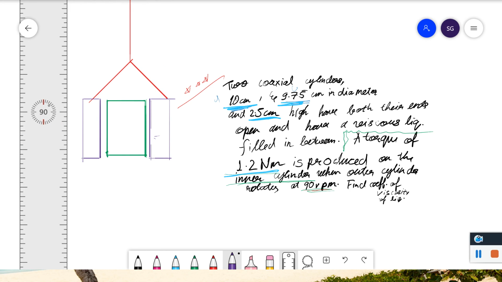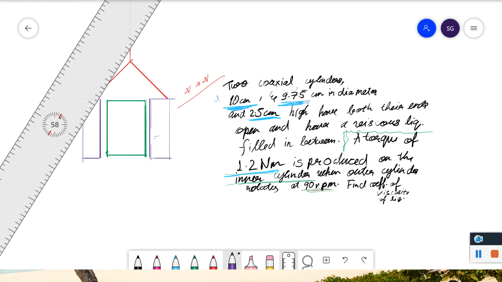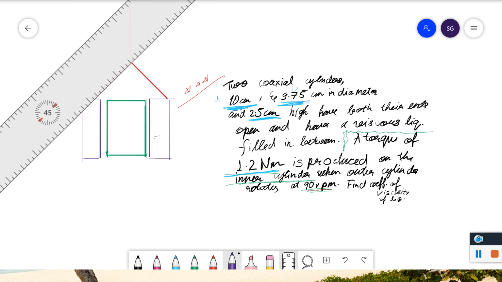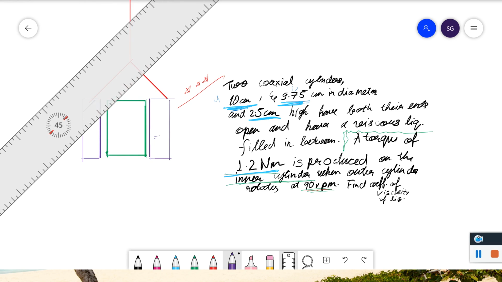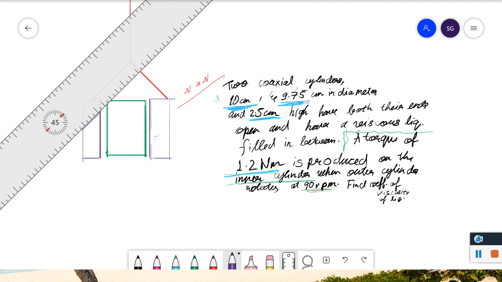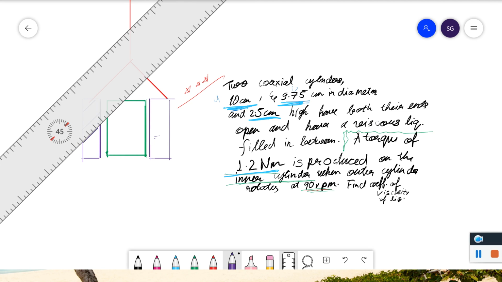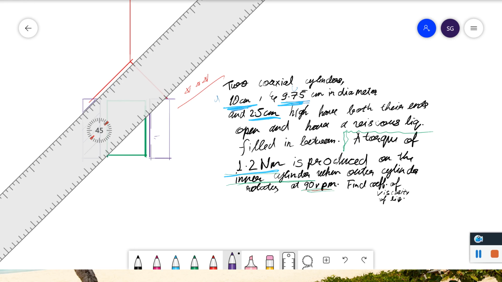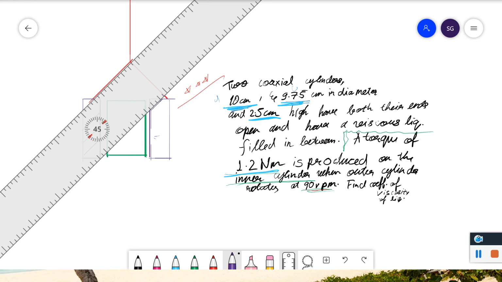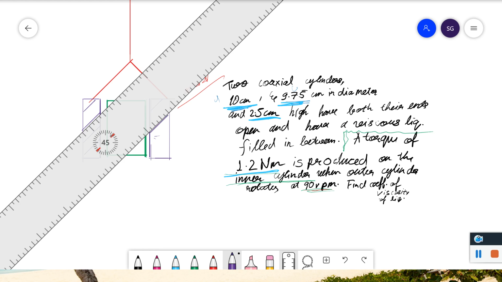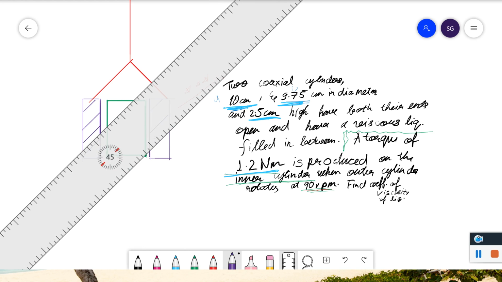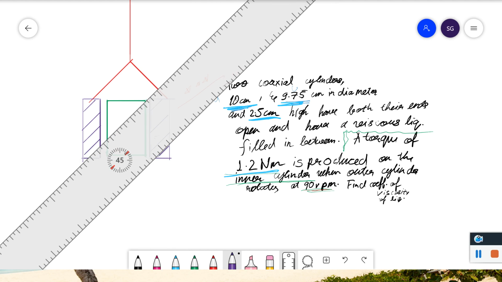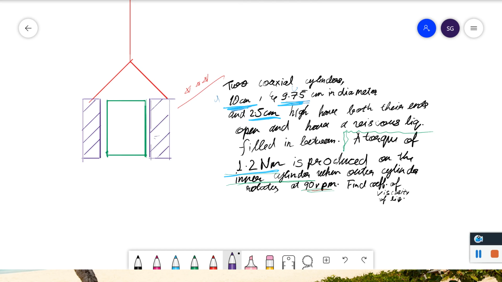And since it is the cross section, we have to get this also. Okay, this is the diagram.